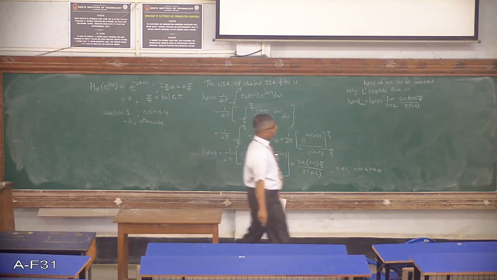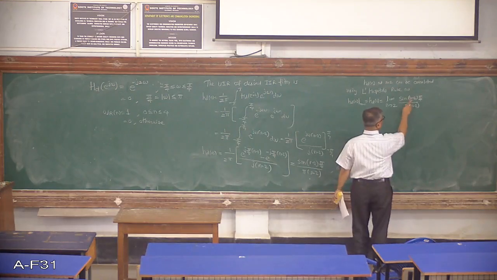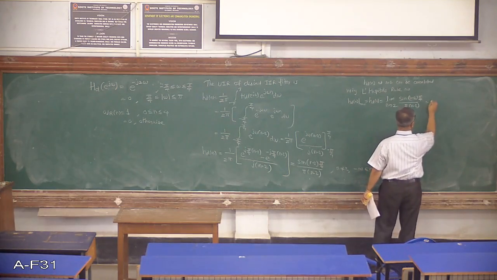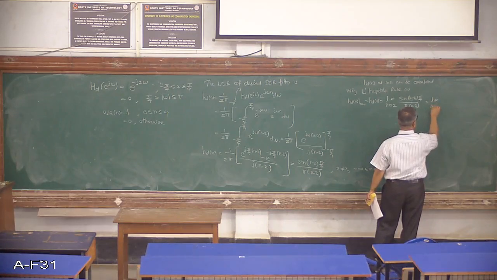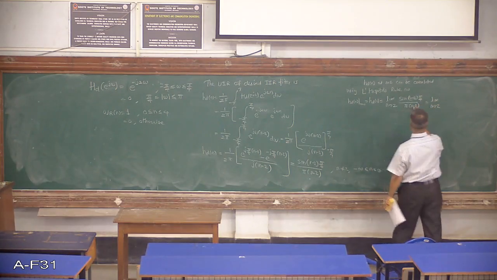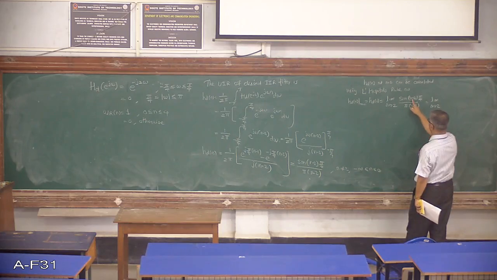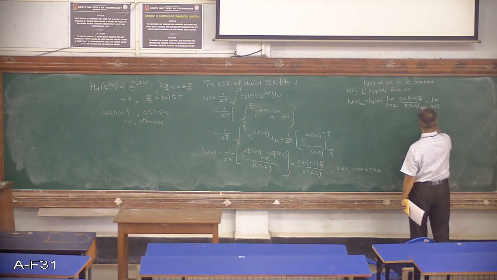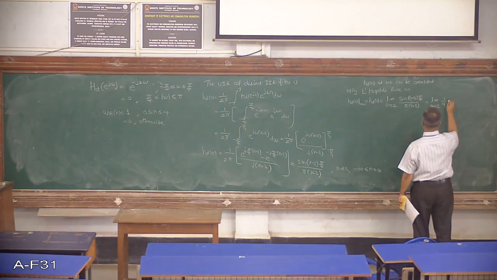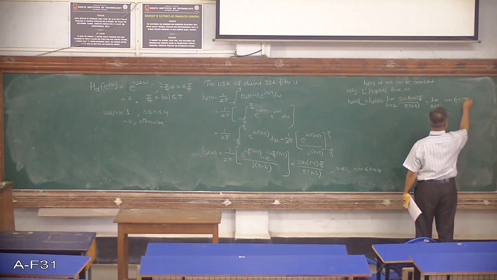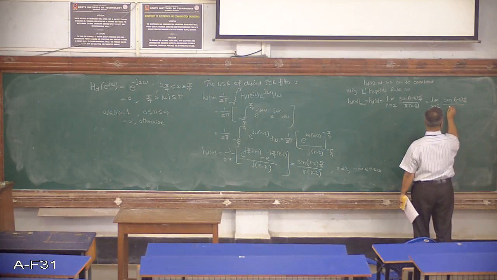So how to evaluate? Let us arrange this in the sin theta by theta form. So I can write limit n tending to 2. Here, what is missing? (n minus 2) pi is there, but 1 by 4 is missing. So multiply and divide by 1 by 4. I write sine (n minus 2) pi by 4 divided by pi by 4 (n minus 2).